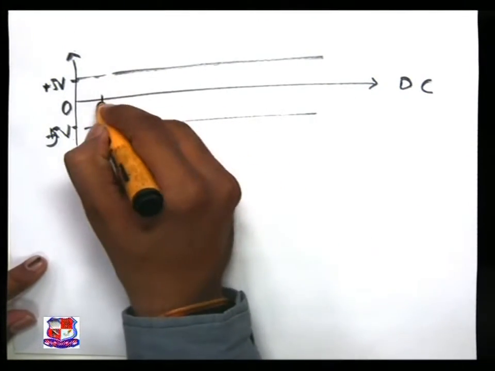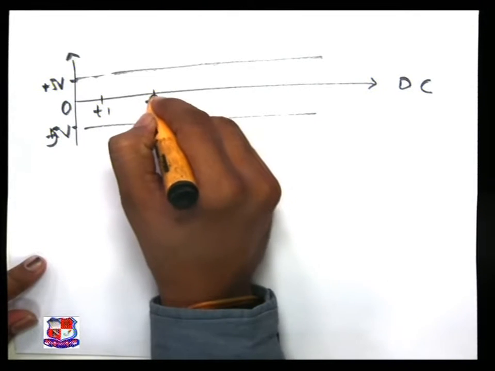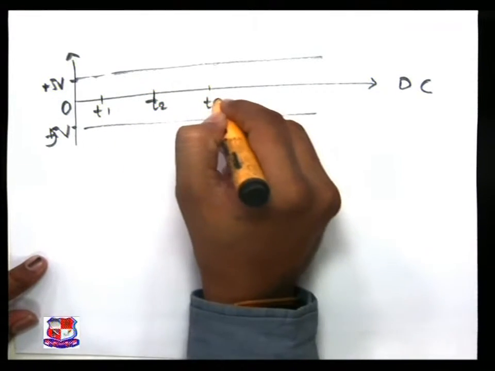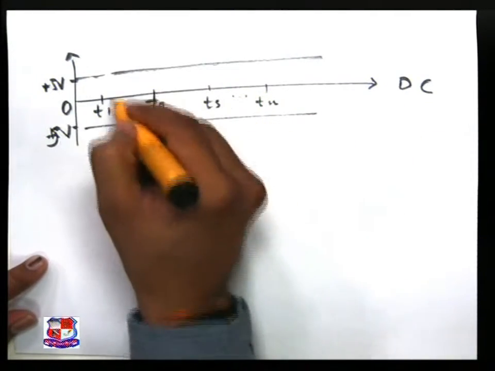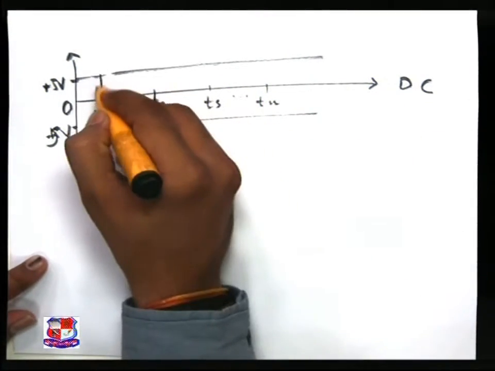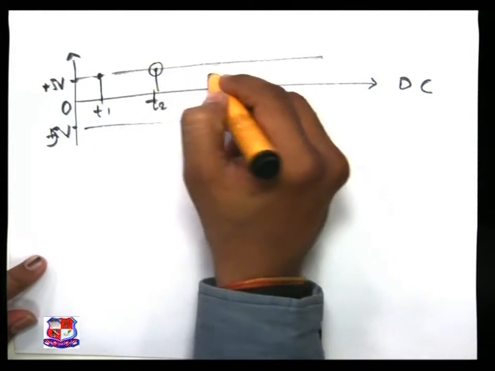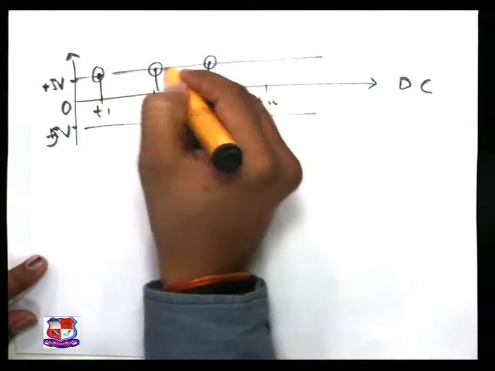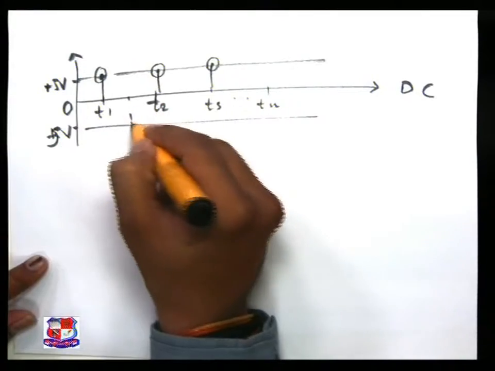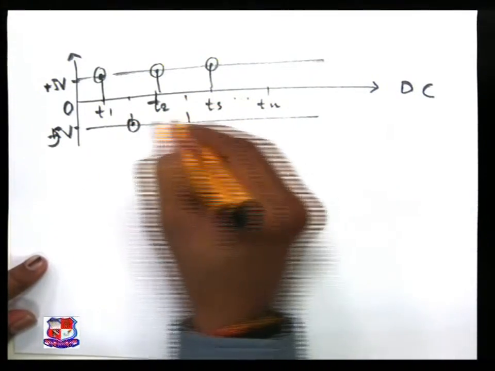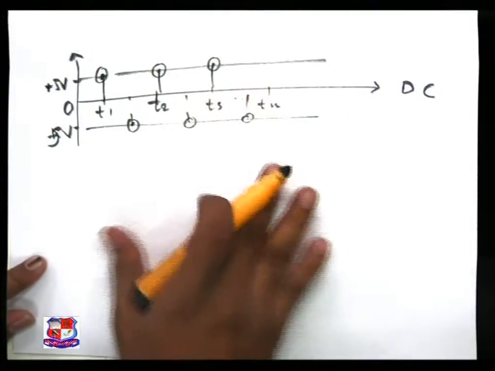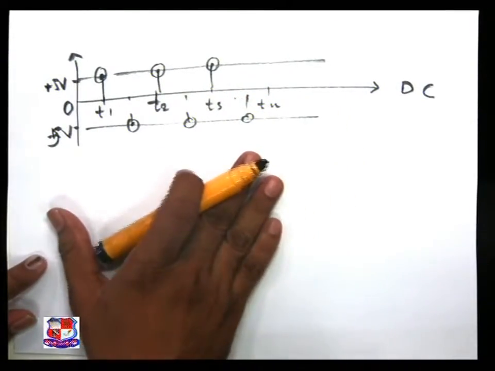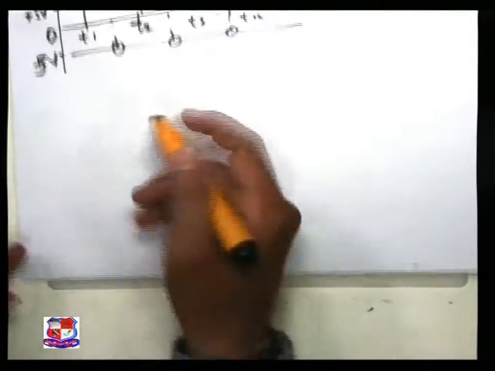At each and every instant T1, T2, T3 up to Tn, you find that you get a fixed value, and at some instants it has a negative value. So in DC the value is unchanged, but that is not the same for AC.